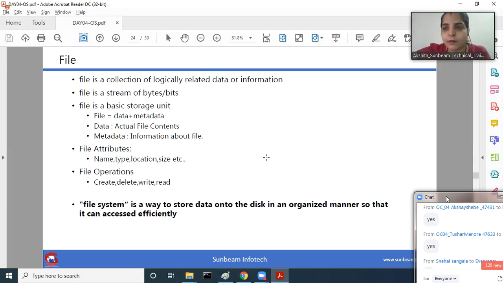So we have seen the memory part completely: memory management techniques, page replacement policies, what is paging, what is segmentation, what is physical addressing, what is logical addressing, and finally the page replacement policy.